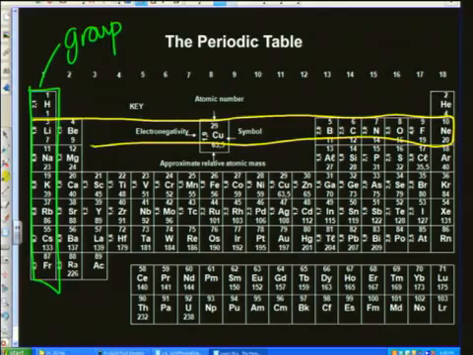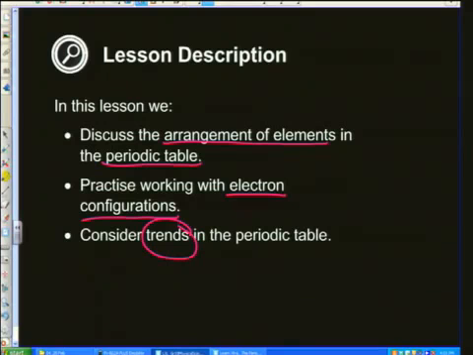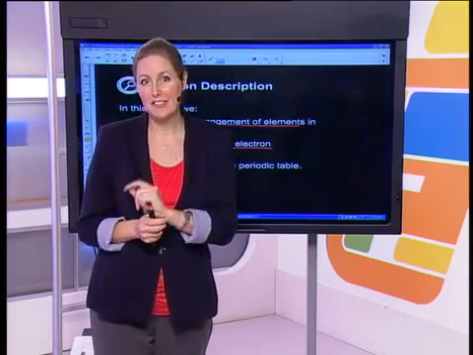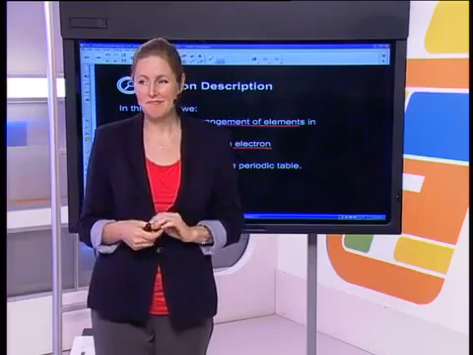I just happen to get the key in there as well. Okay, that is going to be a period. This one in the center here is just our trends. And trends in the periodic table, we might be thinking electronegativity or atomic radius or those types of trends. So we've got lots to cover today.